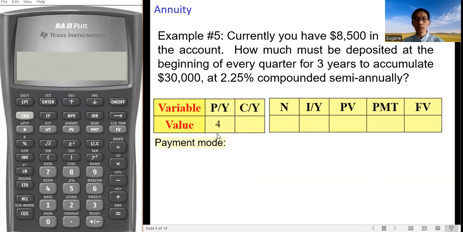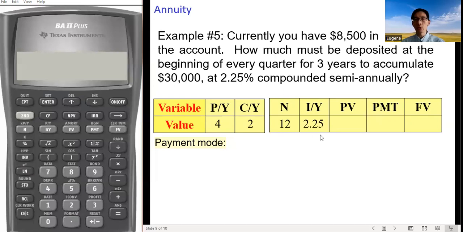PY is 4. The deposits are made every quarter. CY, the interest rate compounded semi-annually. So CY is 2. N is 12. Quarterly payment for 3 years. 3 times 4, 12.